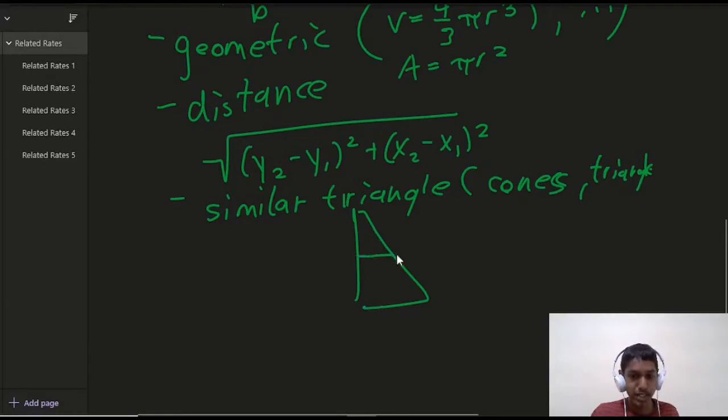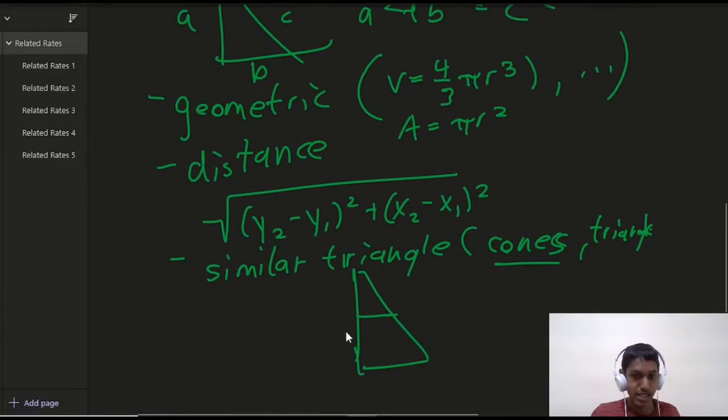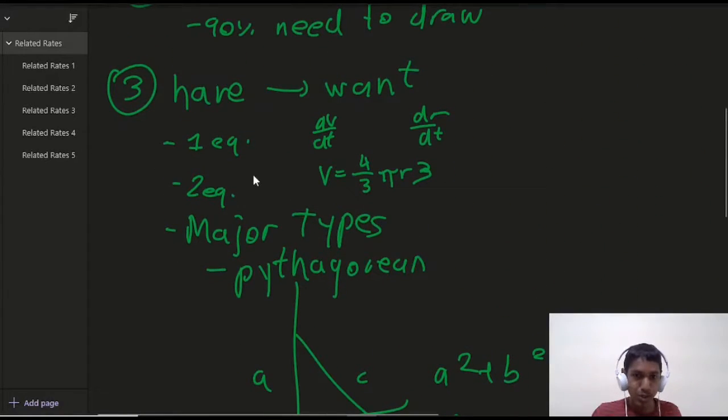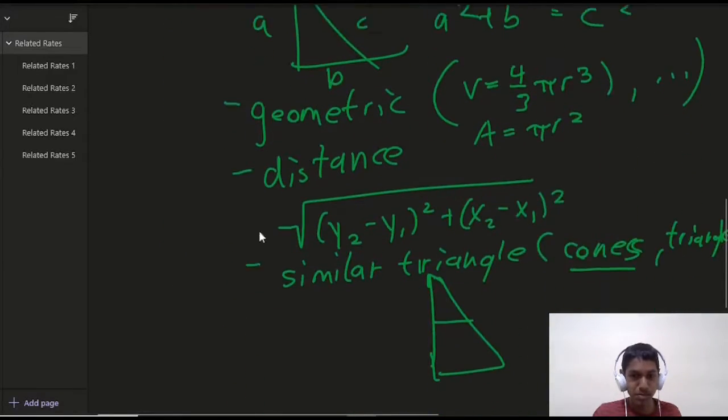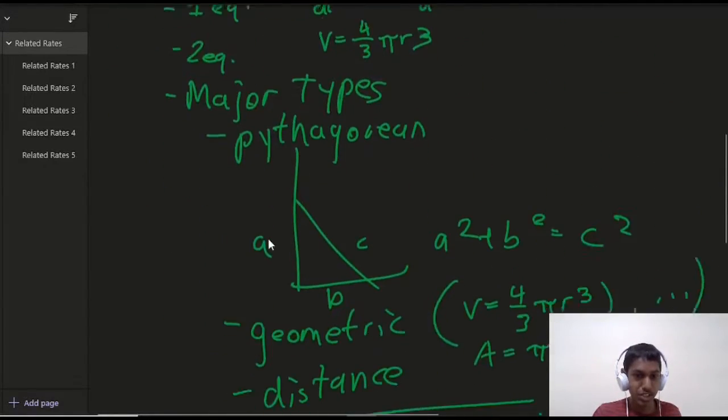So you might see it like this. This might be the cross section of a cone. That's a tricky application that you might not see right away, so keep that in mind. So relate what you have with what you want, and some of these types of relations will probably be involved.